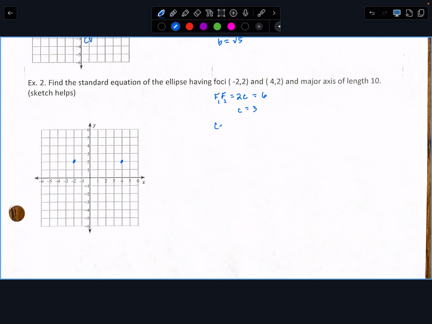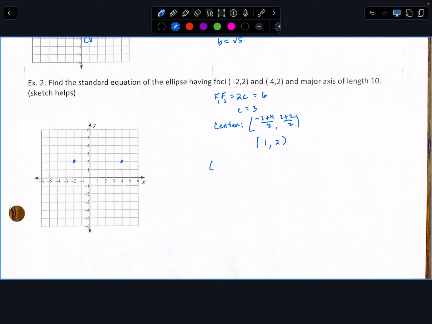And also the center is going to be the midpoint between the two foci. So you add up the x's and divide by 2, and you add up the y's and divide by 2. So my center is at 1, 2.